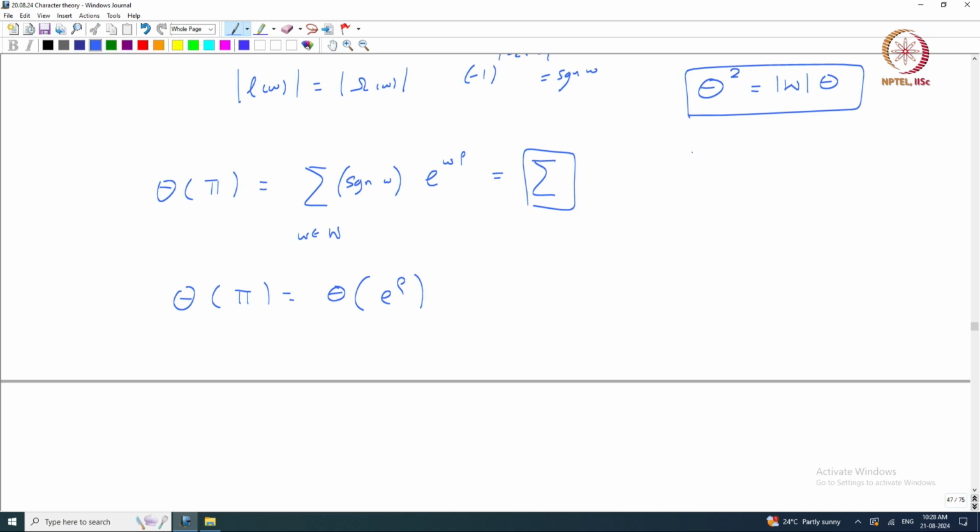If you take theta of e power rho times the cardinality of W, which is the same as theta square of e power rho. But theta of this e power rho is nothing but the sigma. So, you are applying theta again on sigma.